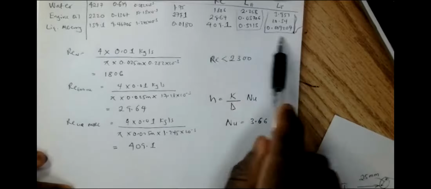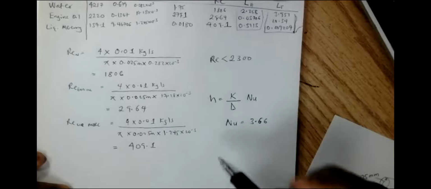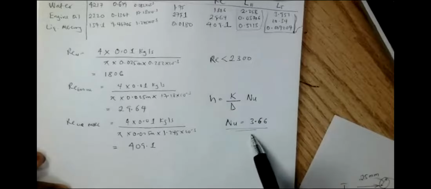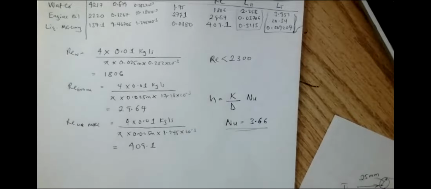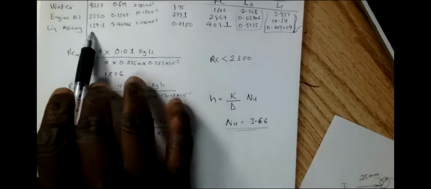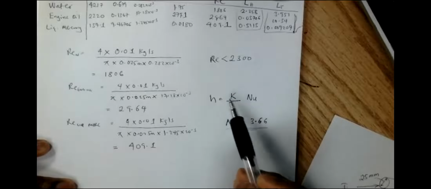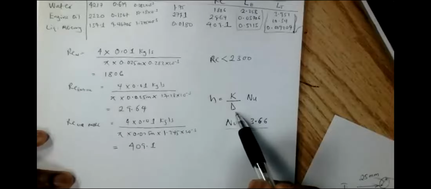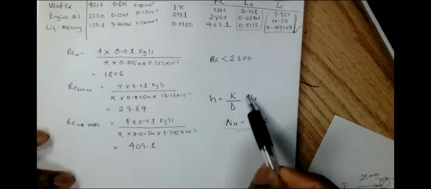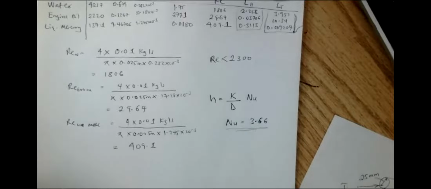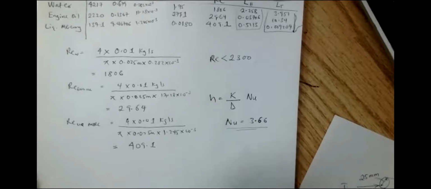There are values you would get here that will make you not use this. Okay, we're only using this because this is what fits the conditions that we have evaluated. So in the same way as I have computed this, you go ahead and compute it. We know the thermal conductivities for all our fluids. We have a constant diameter and a constant Nusselt number, so we can go ahead and find the convection heat transfer coefficients for the three fluids.